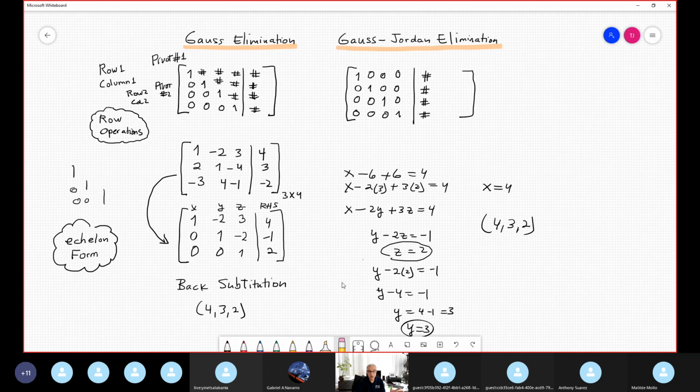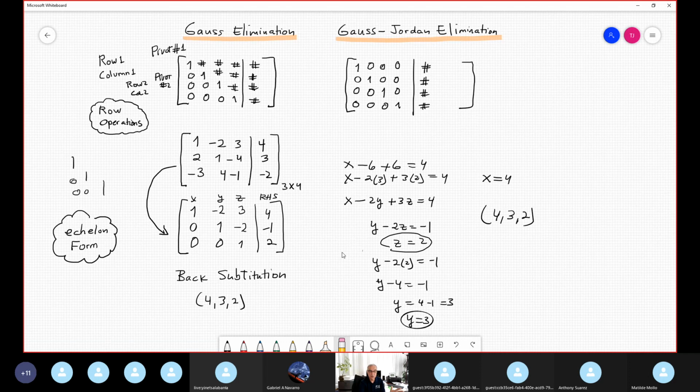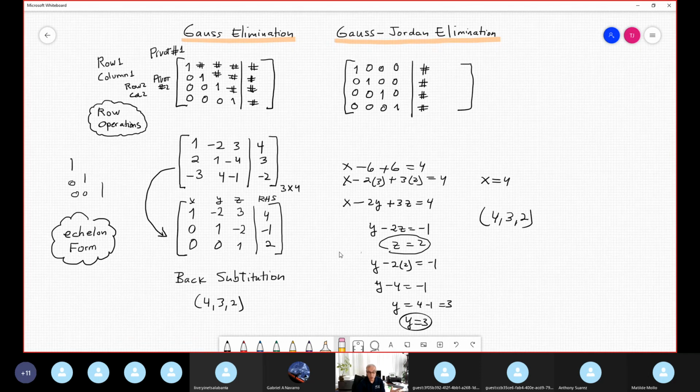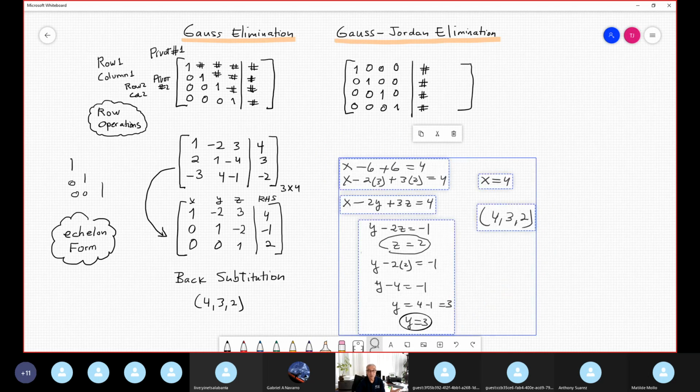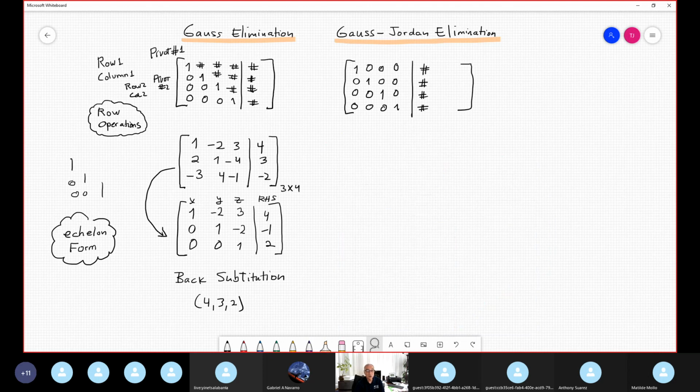Now, suppose I decide to do it by Gauss-Jordan. It's a little bit longer, but it's fantastic because when you go from this matrix to the Gauss-Jordan matrix, we have that new matrix, which is 1, 0, 0, 0, 1, 0, 0, 0, 1.